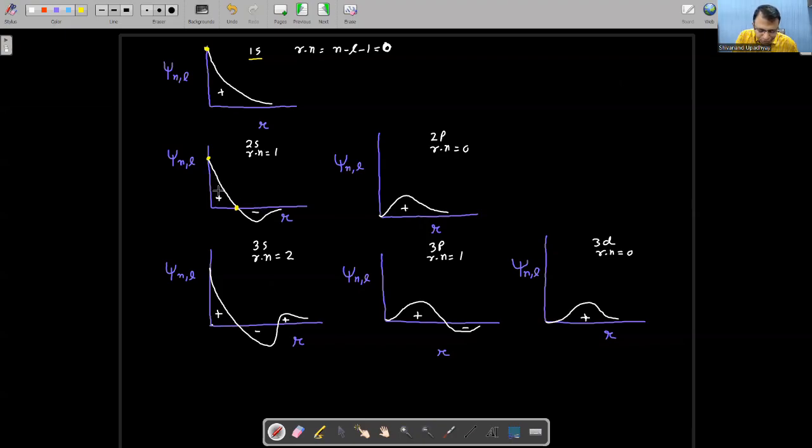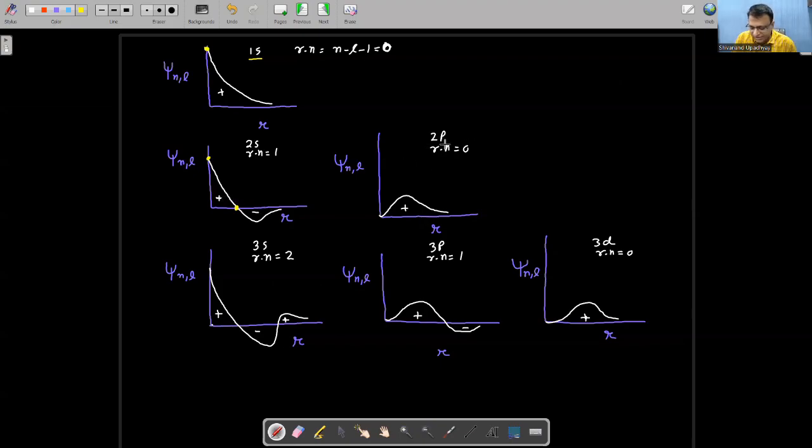The amplitude on the left hand side and right hand side of this node is initially more, and then it becomes smaller and smaller. So in the psi versus r graph for 2s, there is one radial node, at the nucleus it is maximum, and it can be positive, negative, and zero.